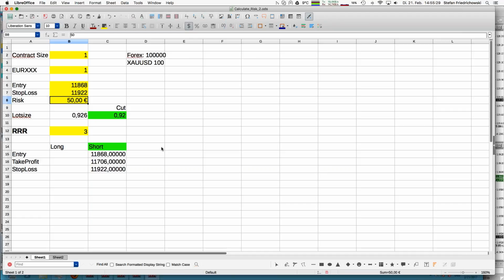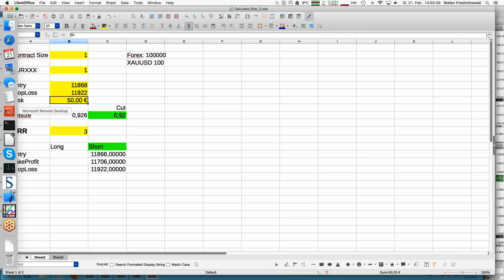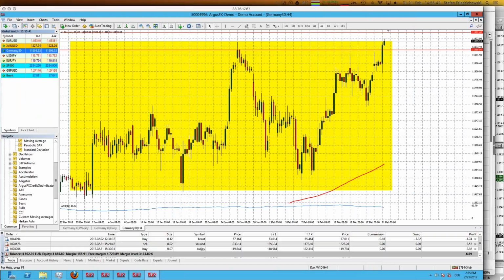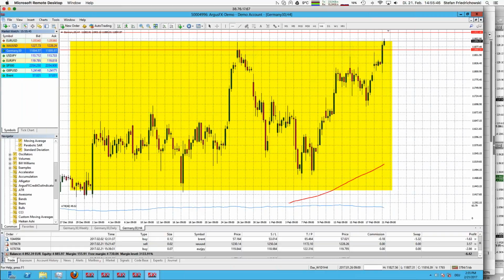Let me write down the take profit, which is at 11,706. And by the way, swap is once again with us. So back to the chart, and now let's indicate that trade, 11,706, so that is about here, a little bit somewhere here.